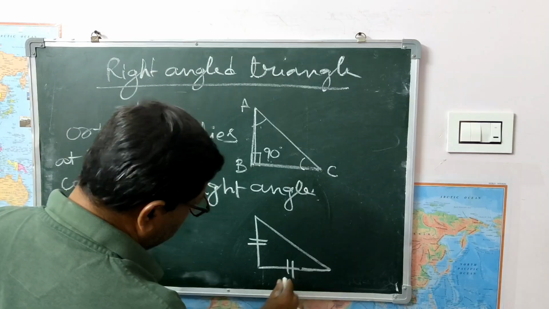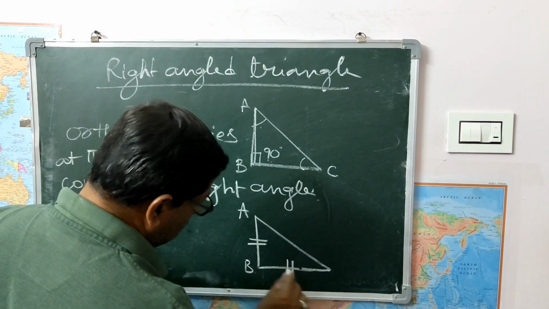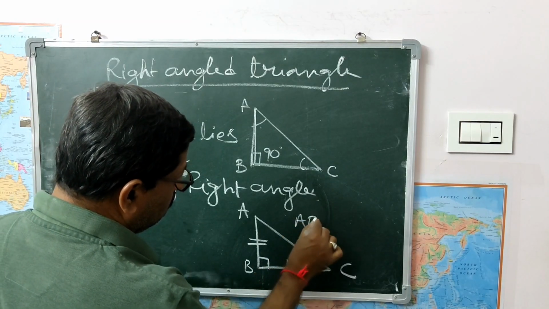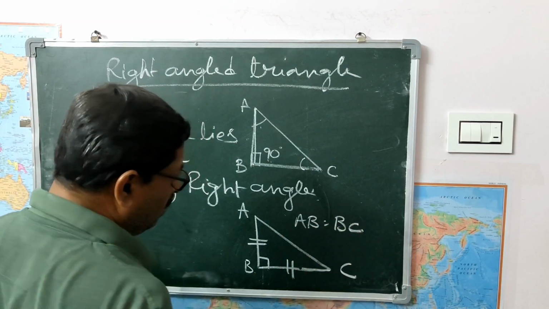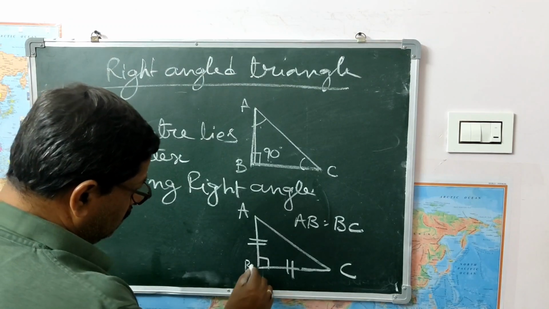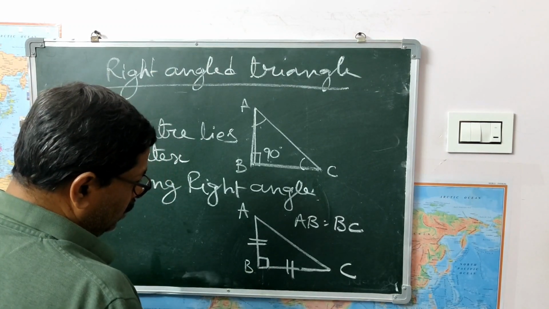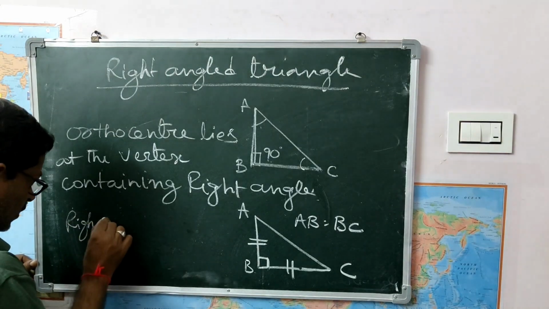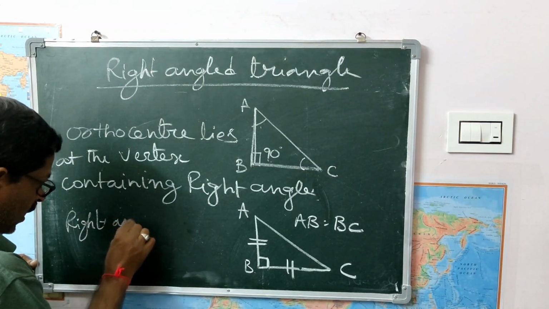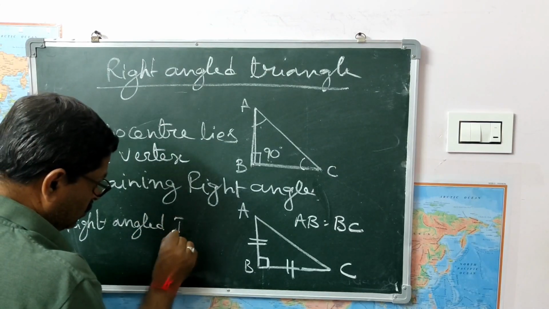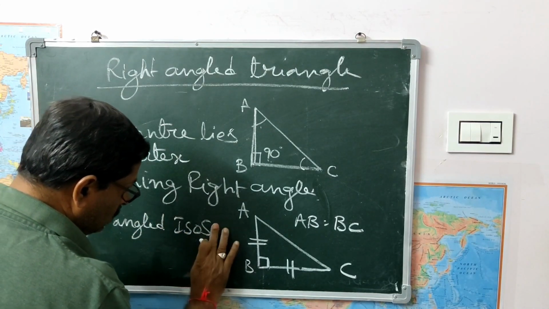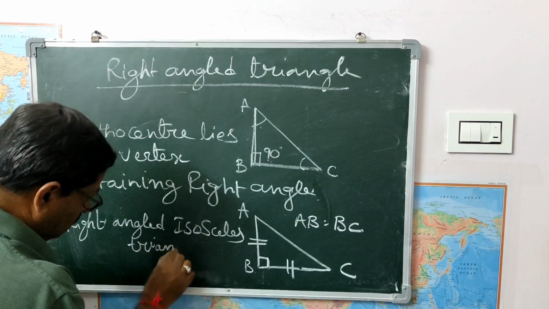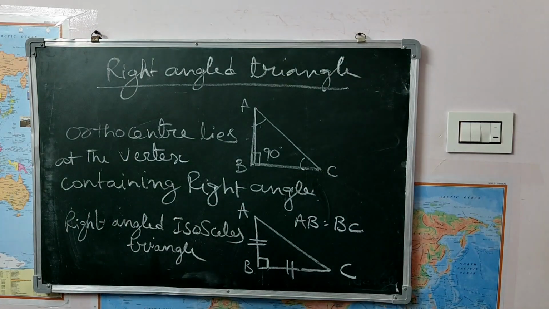If two sides are equal like this, and this is a right-angled triangle, that means AB and BC are equal, then you call it a right-angled isosceles triangle.